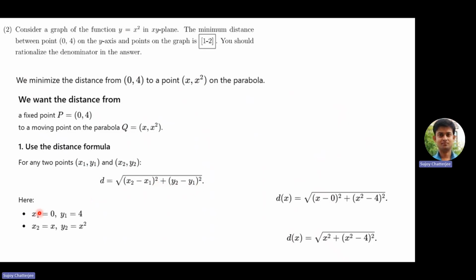Here x1 is 0 and y1 is 4, and x2 is x and y2 is x². Replacing these values, we get d(x) equal to the square root of (x minus 0) whole square plus (x² minus 4) whole square, which leads to d(x) equal to the root of x² plus (x² minus 4) whole square.